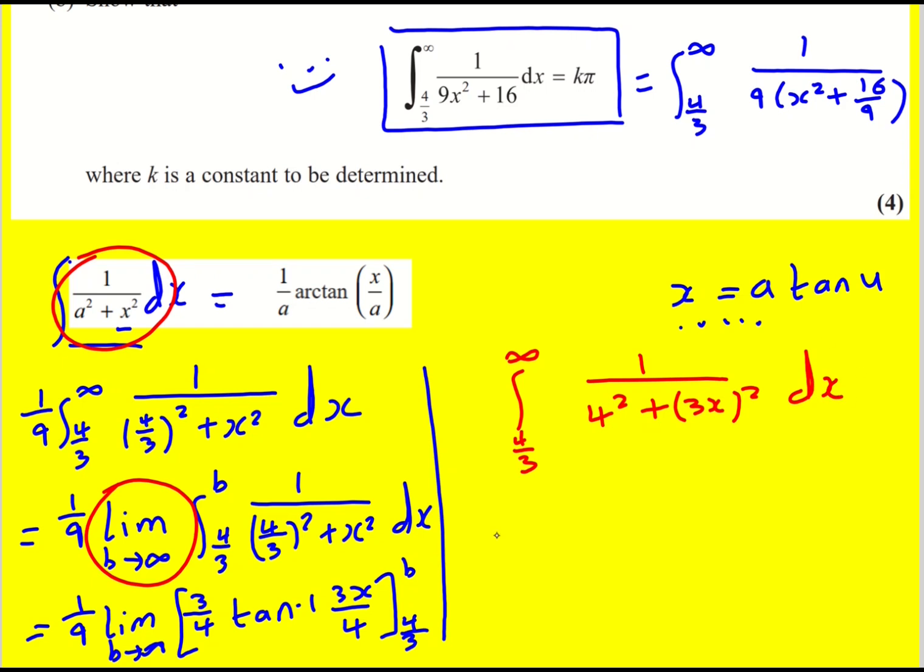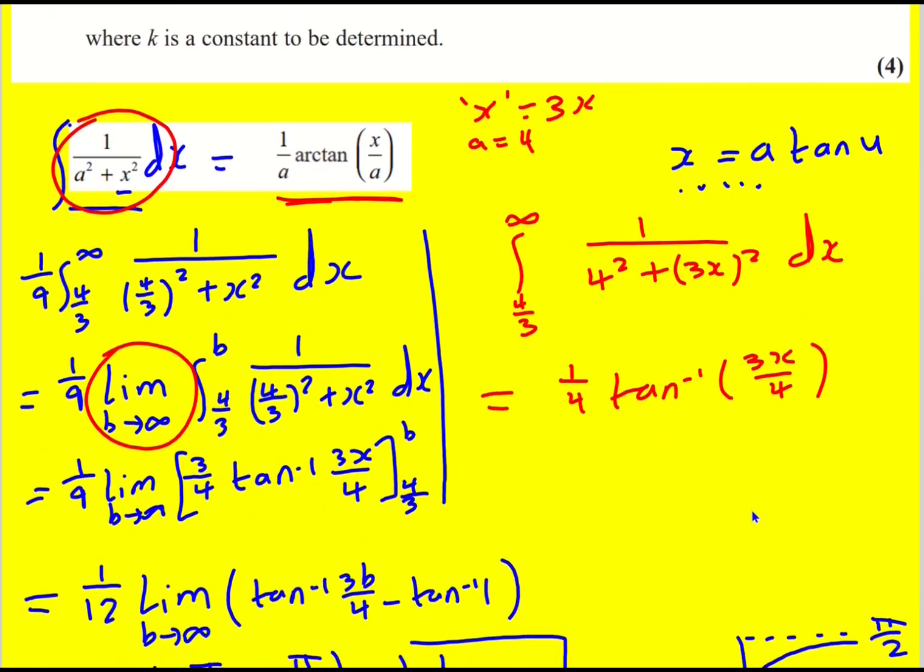We just have to do one little thing on top of what we were normally doing. So it's going to be 1 over a, that's 1 over 4, and then inverse tan of x over a. Well, my x is actually 3x. Sorry, I should have said that my a is equal to 4. So then it's going to become 3x over 4.